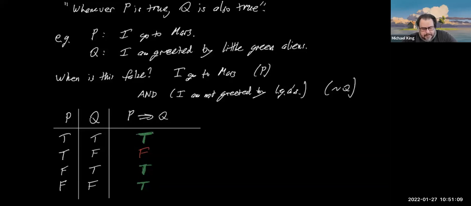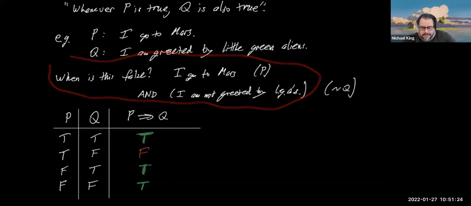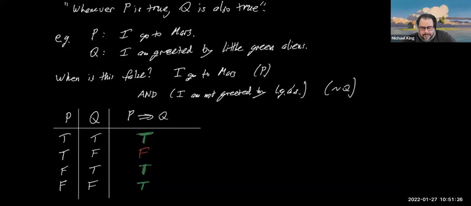But this is only false in the sense of being falsified, given a counterexample in one scenario, and that's the scenario up here. And you can see too, like I said, P and not Q. If P is true and not Q is true, that would make that true. And I said that's when this is false. So it's kind of the opposite of this.